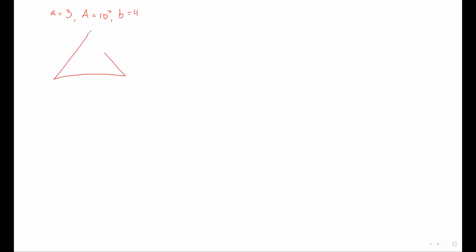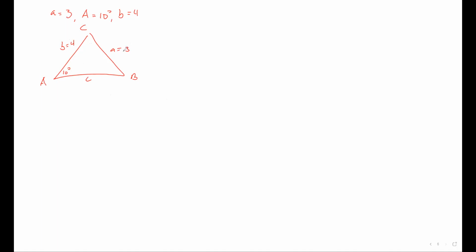Okay, so just draw an arbitrary triangle, A, B, C. So A is equal to 3, capital A is 10 degrees, and then b is 4. All right, so let's see if we can figure this one out. Okay, so we have two unknown angles and one unknown side.